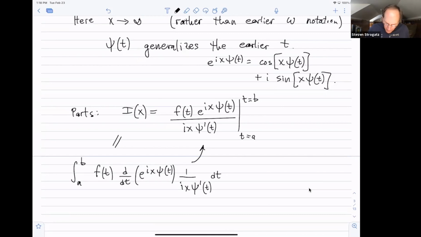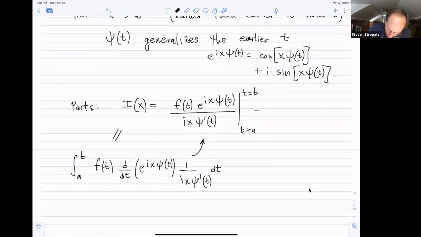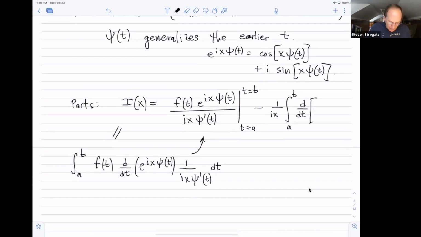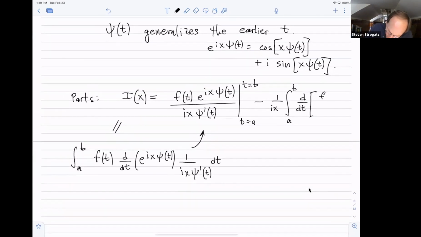So that goes up there. And then I have to subtract off minus 1 over ix. And then the other term in integration by parts, I'm going to have d dt of, let's see here, I've got to put the derivative on the f over psi prime. I already took the ix outside. And then I'm left with an e to the i, times e to the ix psi of t dt.